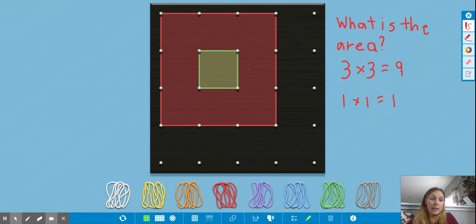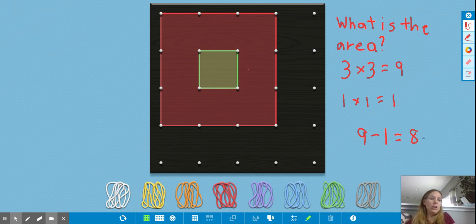So now I have 9 with all of it, but I have this 1 unit square that I don't want because it's taken out. So to find what's left over, you're going to take your 9 and subtract the 1 that you don't need, and you should get 8.